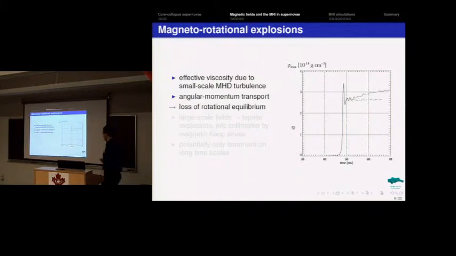What you can see here, as a function of time in milliseconds, is the maximum density of the core. The dashed line is without magnetic fields. The solid line is with magnetic field.